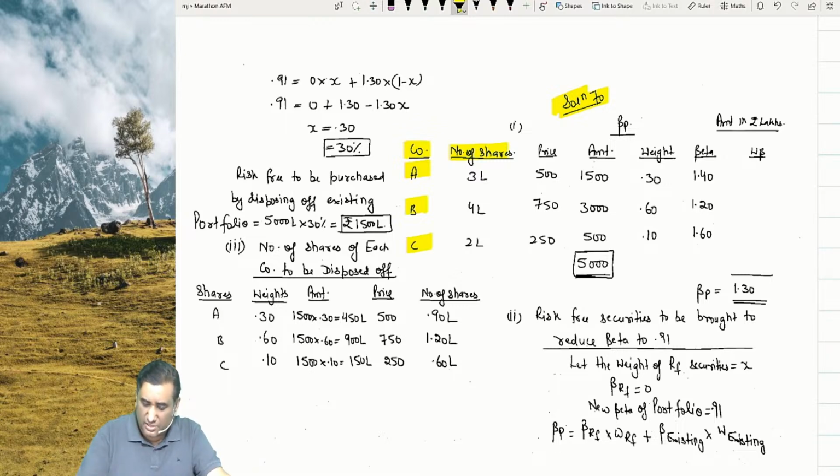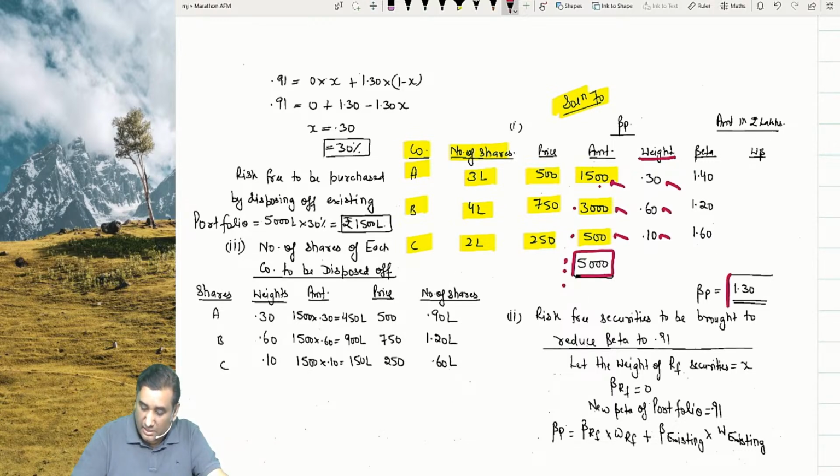You can multiply and cross check: 2 lakh into 500, 4 lakh into 550, 2 lakh into 750. The total value comes to 5000 lakh. Betas are 0.9, 1.1, 1.3. How did we get this, sir? The weighted beta comes out to be 1.3.